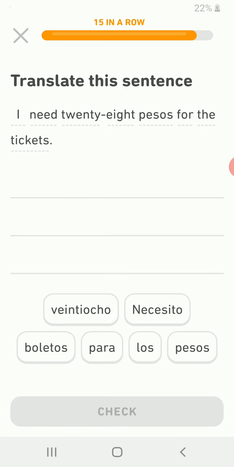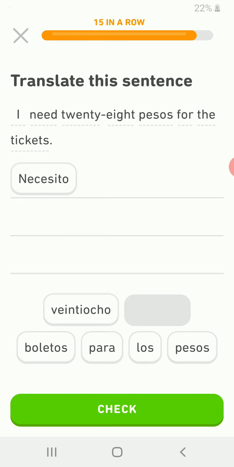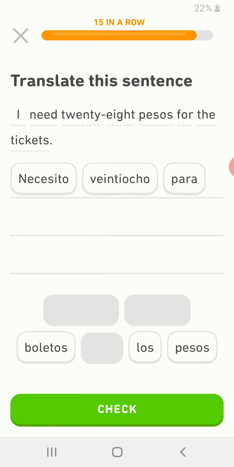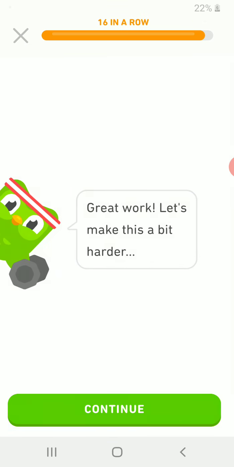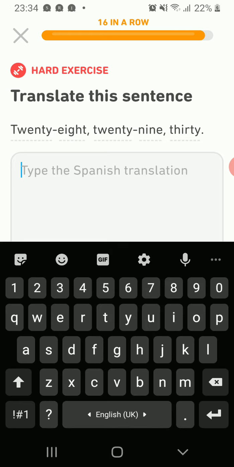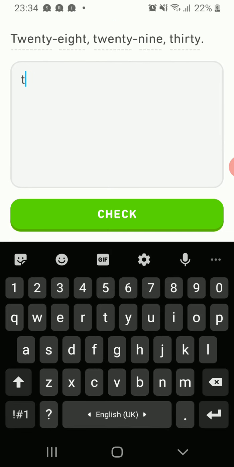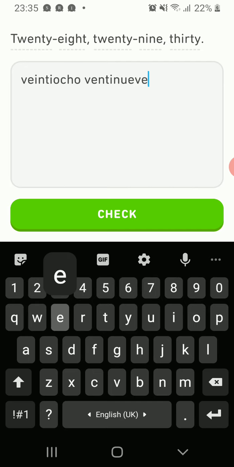And I need 28 pesos for the tickets. Yo necesito 28 pesos para los boletos. And so 29 is, let's write it, 28. And 28 is 28. And 29 is 29.